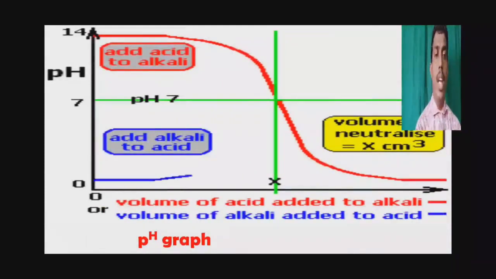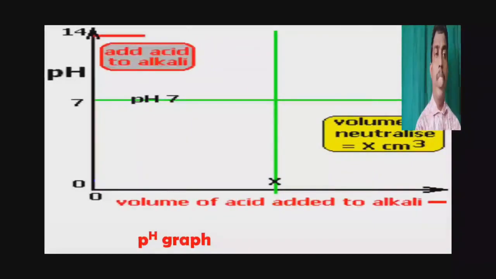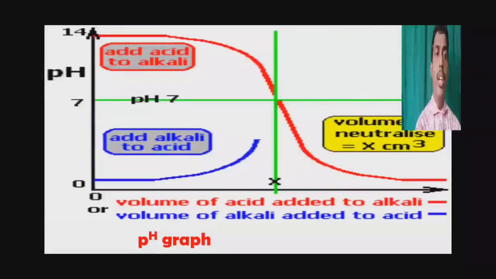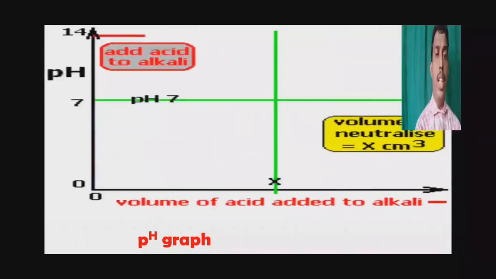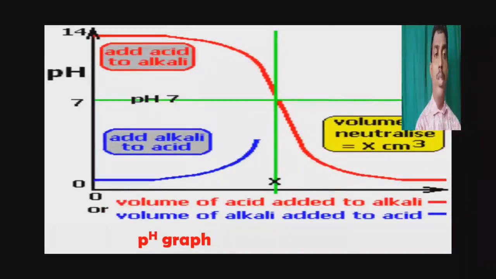Once again, see here, by adding acid to the base, as the acid increases, the pH value slowly decreases. By adding base to acid, as the base increases, the pH value slowly increases.